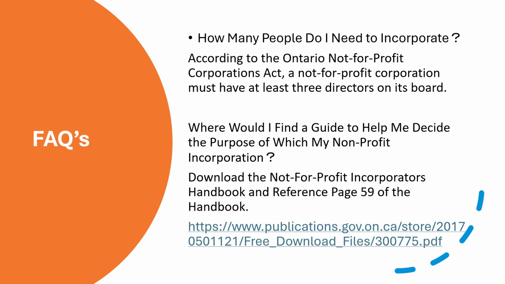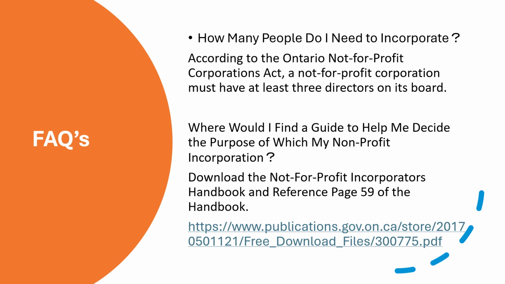That handbook again is called the Not-for-Profit Incorporators Handbook, and you're going to go to page 59 in that handbook. It's going to give you a complete list: if you want to incorporate as a not-for-profit hockey entity, community services, all the things you can think of. They have music as well.